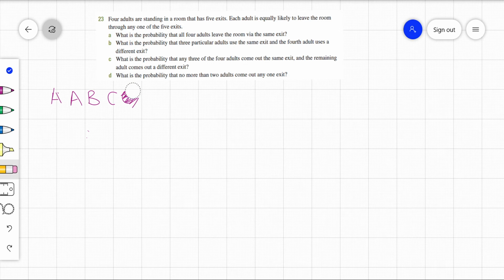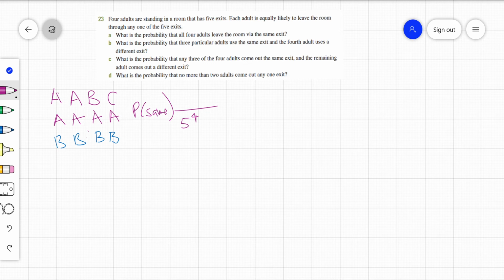So you might get something like that, or we could have got A, B, C, D, E, etc. So all the different number of combinations would be 5 to the power of 4. So that's going to be our denominator for the probability of, let's say, same.